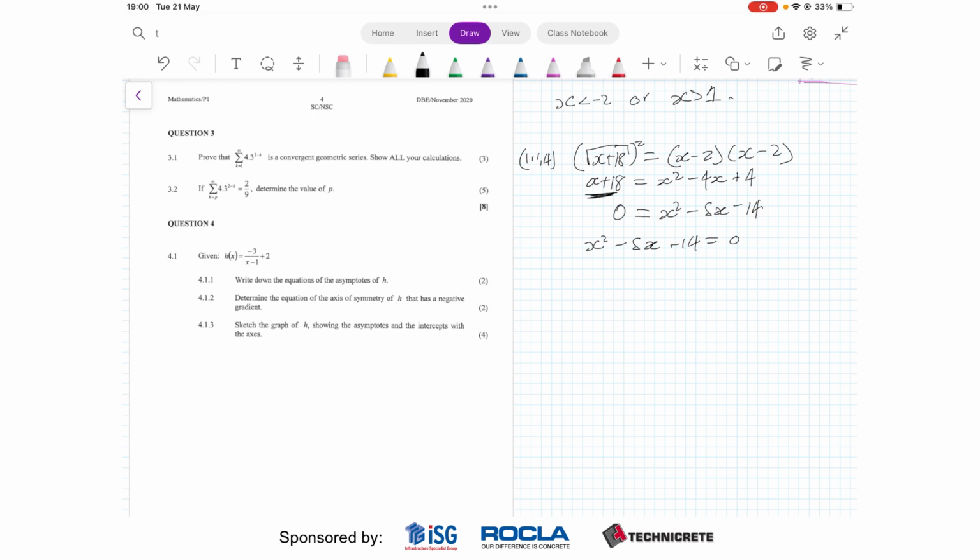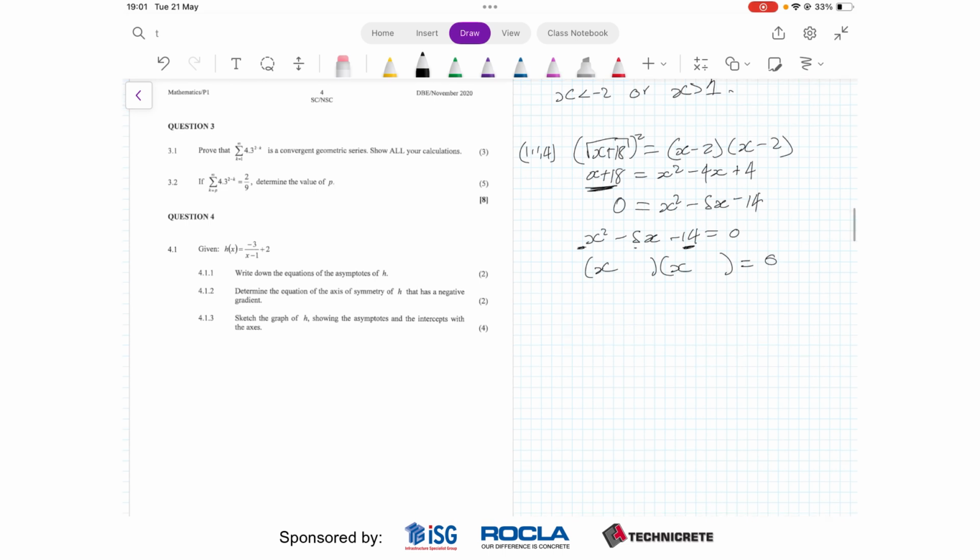Fine. Now we see that we need to factorize here because we have a quadratic equation, right? Now our quadratic equation requires that we have factors of 14 that can give us a 5 in the middle, right? So we're going to have x and x in brackets equals 0. Now, what factors of 14 can give us a 5 in the middle there? It's obviously 7 and 2.